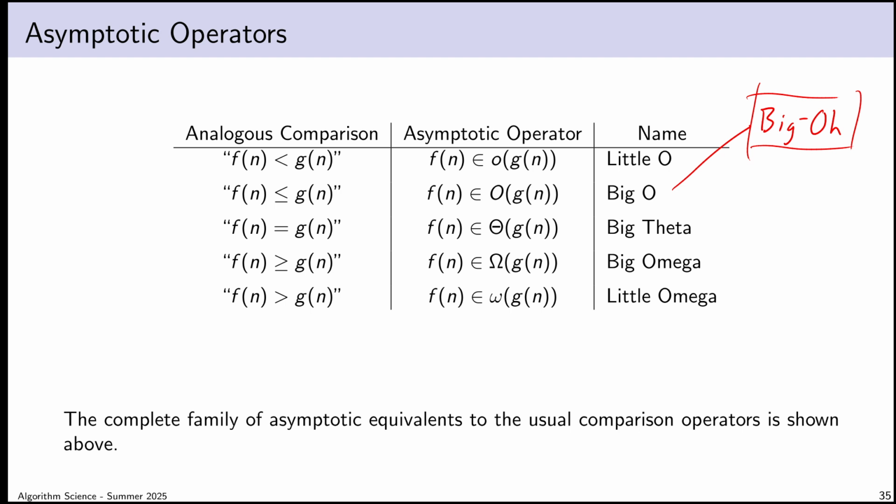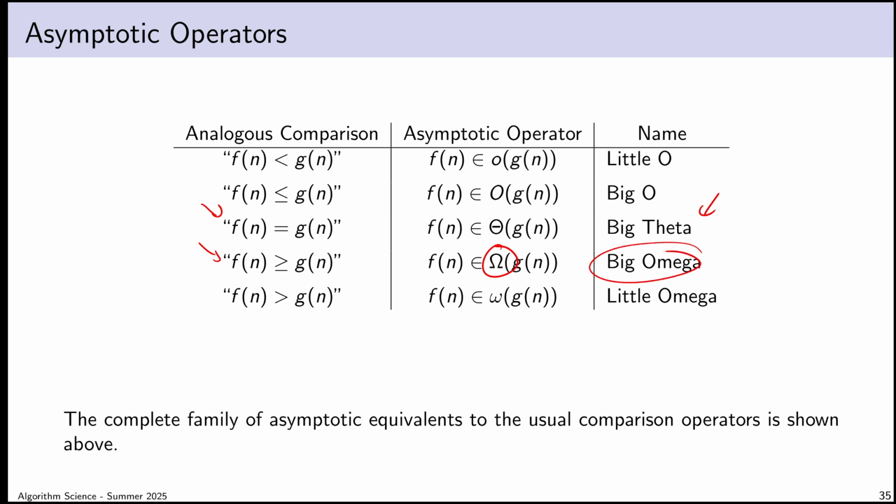I just don't understand. So I'm not going to do this. It's a big O, so we'll call it big O. It just seems obvious. Anyway, big O. And then we've got big theta, which is our asymptotic equals sign. And then we have here the asymptotic greater than or equal to sign, and it is written with this symbol. This is the capital letter omega, so we write it big omega.